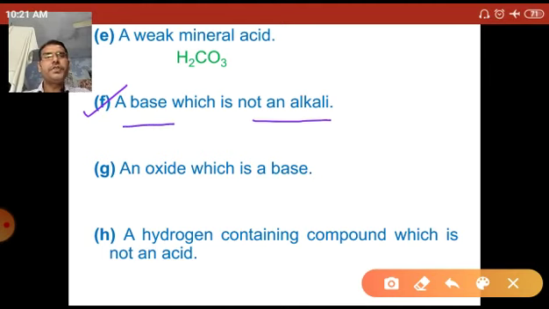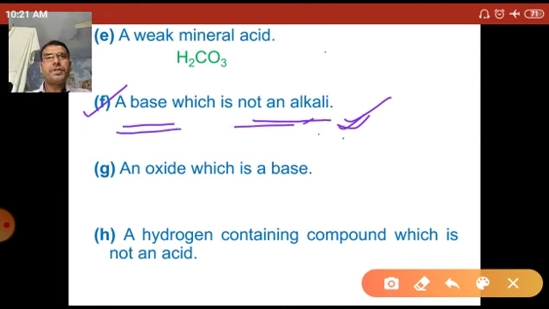Now the next question, F number: a base which is not an alkali. As you know, a base which dissolves in water is called an alkali, but not all bases dissolve in water, so not all bases are alkalis. Some bases are insoluble in water.